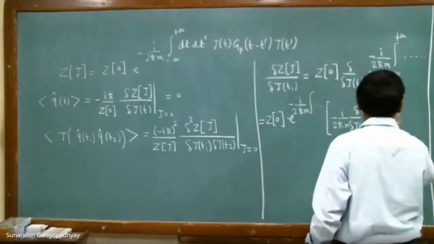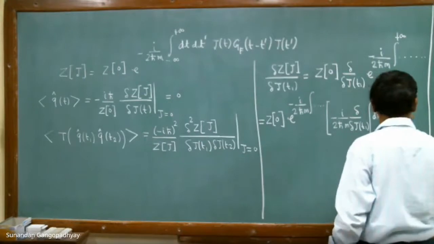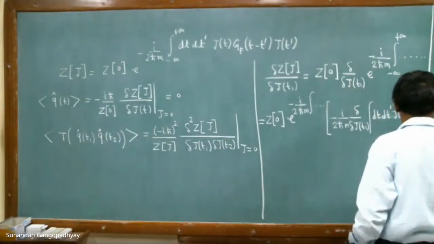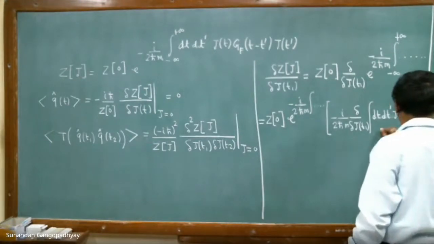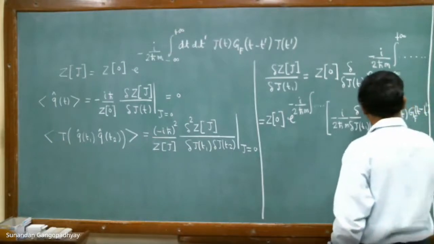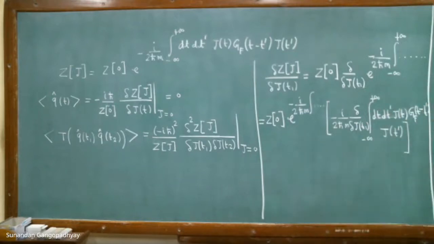So this integral basically consists of dt prime, J t, G F t minus t prime, J t prime. So this is what we shall have. I hope this is visible. You can see everything.